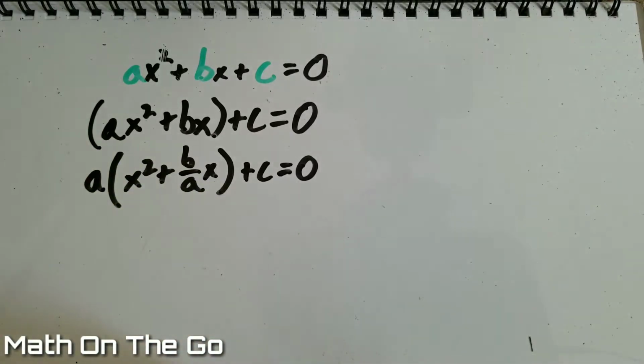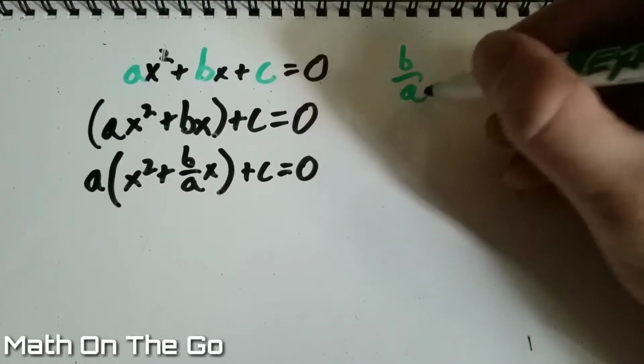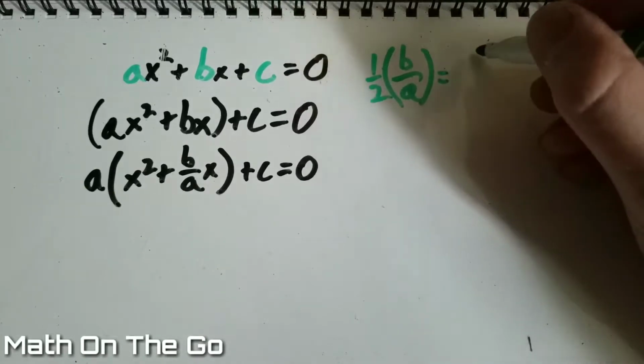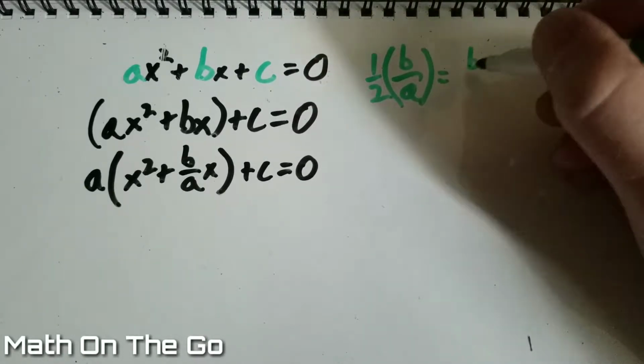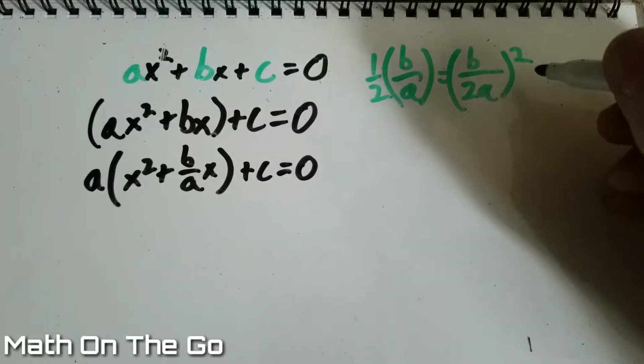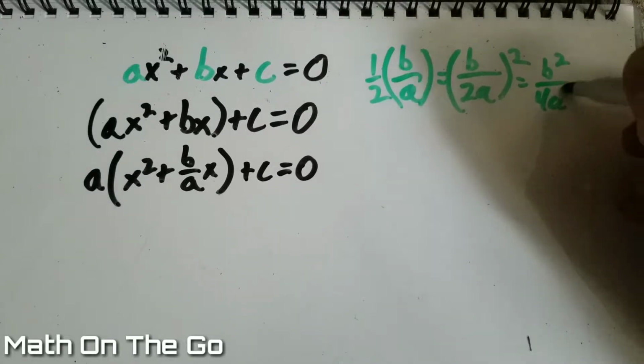So now we're going to complete the square, which means we're going to take our b over a, and we're going to multiply that by 1/2, which gets us b over 2a, and then we're going to square that, which gets us b squared over 4a squared.